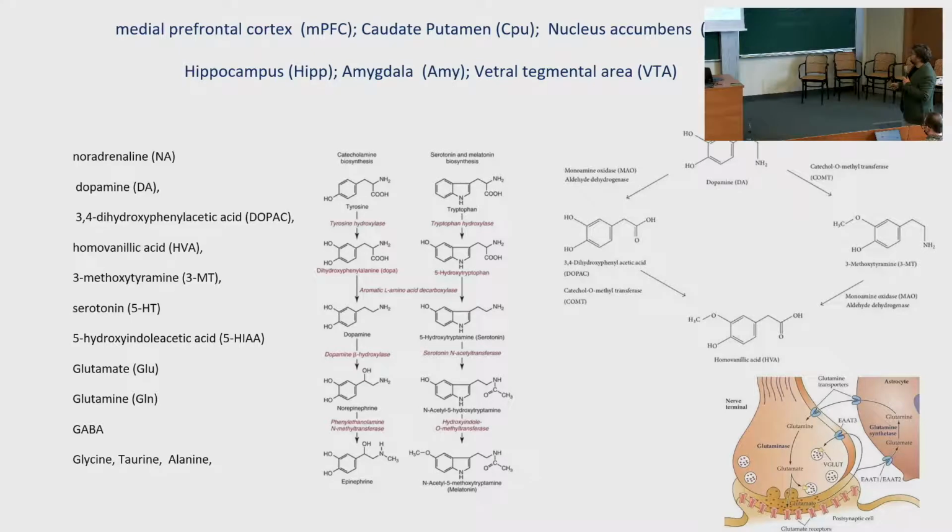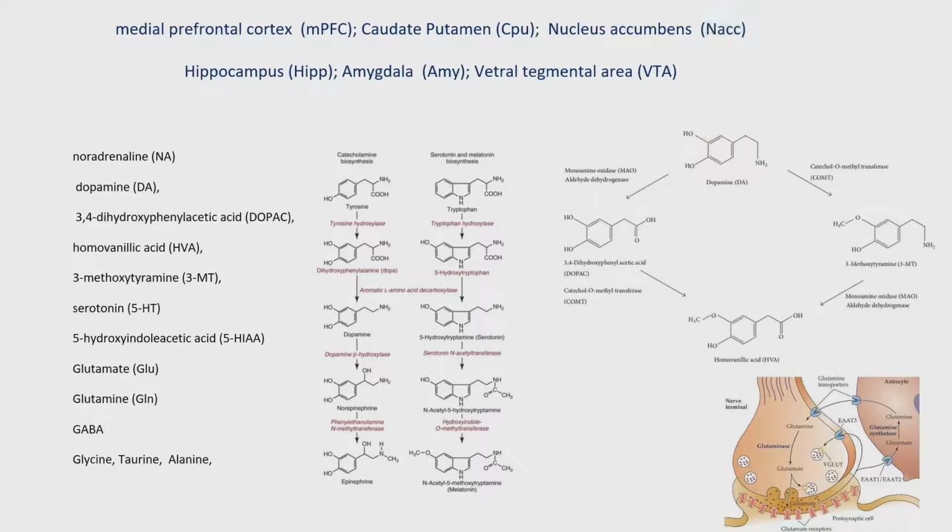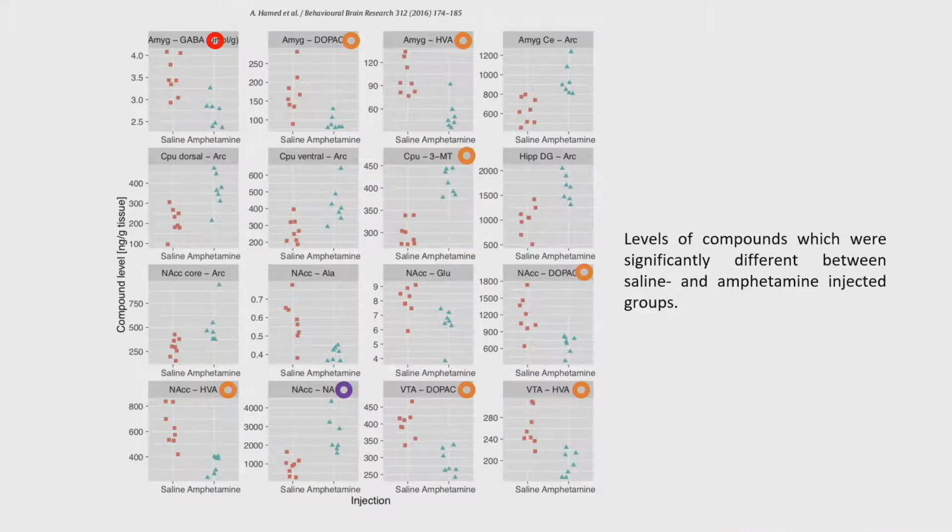All right, so we have analyzed neurotransmitters like noradrenaline, dopamine metabolites, serotonin metabolites, glutamine, and GABA in a few structures related to emotional processing. These are the medial prefrontal cortex, caudate putamen, nucleus accumbens, hippocampus, amygdala, and ventral tegmental area.